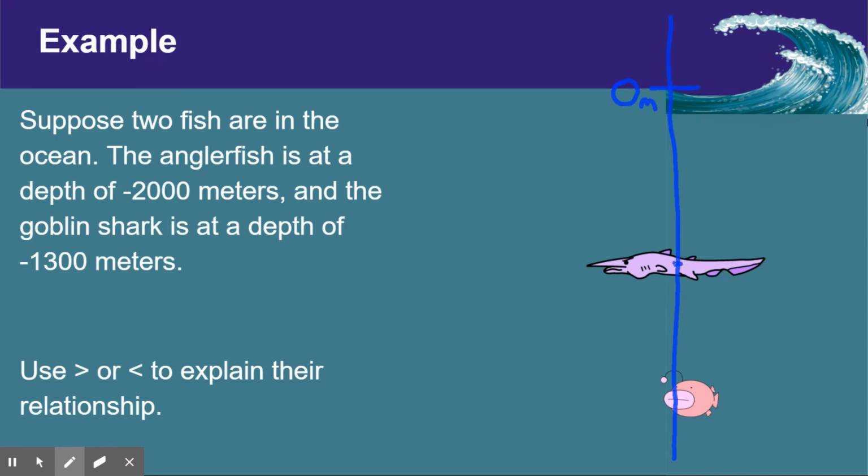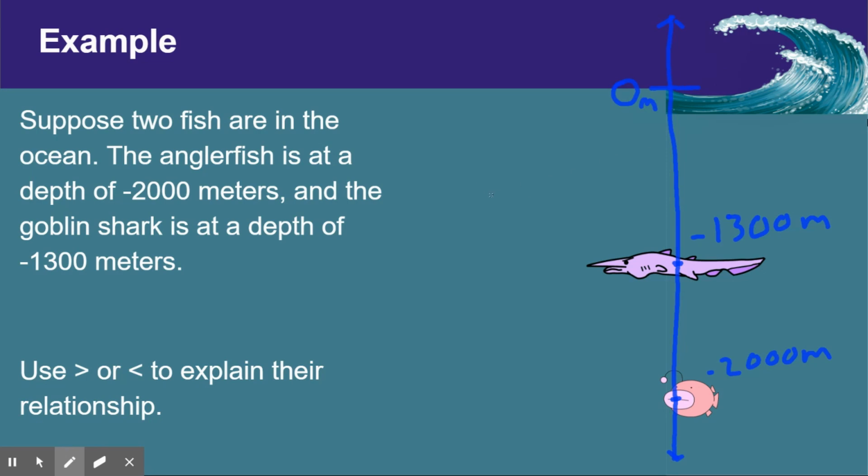And I'm not entirely sure this is perfectly to scale, again, but this will be negative 1,300 meters. This will be negative 2,000 meters. Now, to be fair, this is just going to help us figure out what's going on. It's not necessarily an absolute must, but it's a good place to get started at the very least.